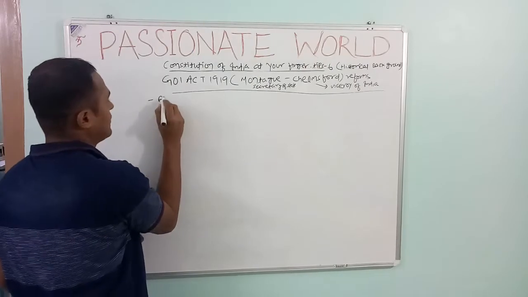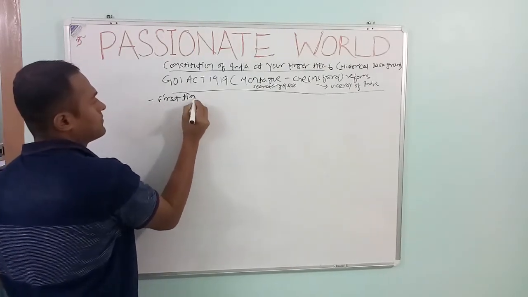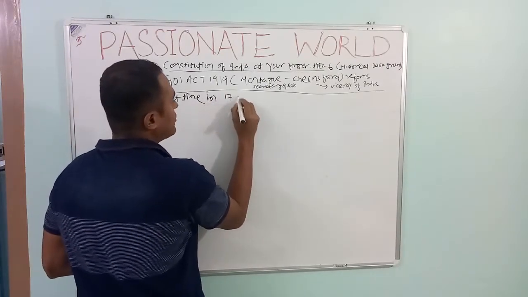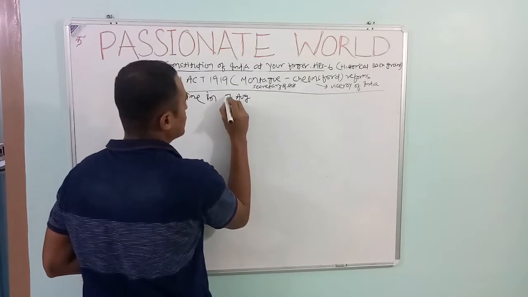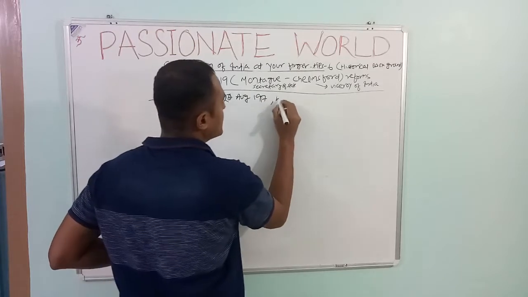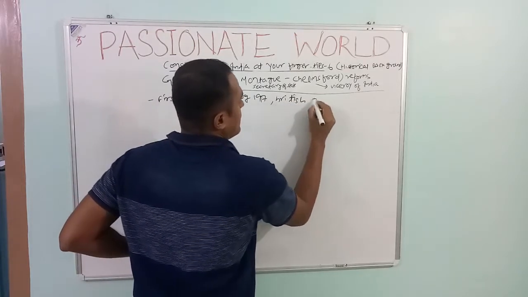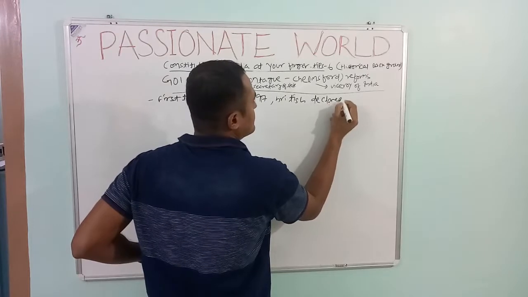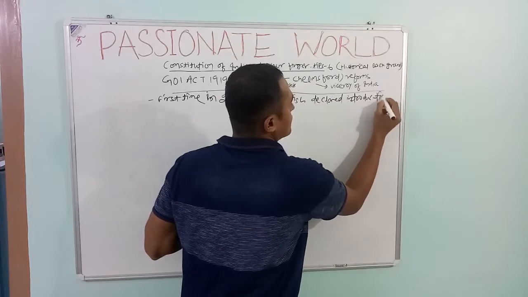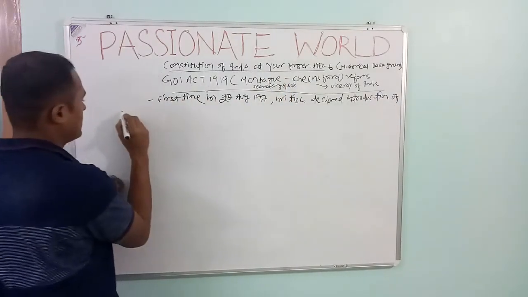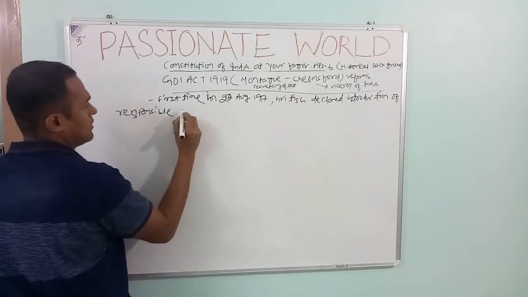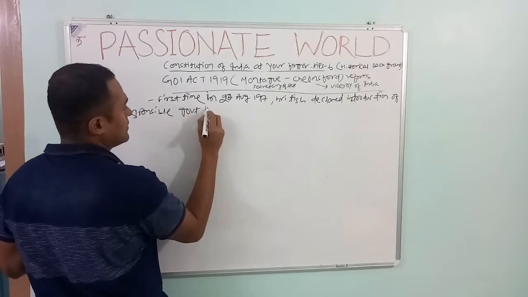For the first time, on 20 August 1917, the British declared the introduction of responsible government in India.